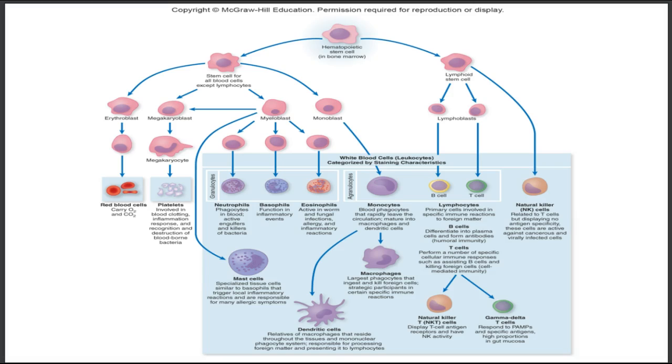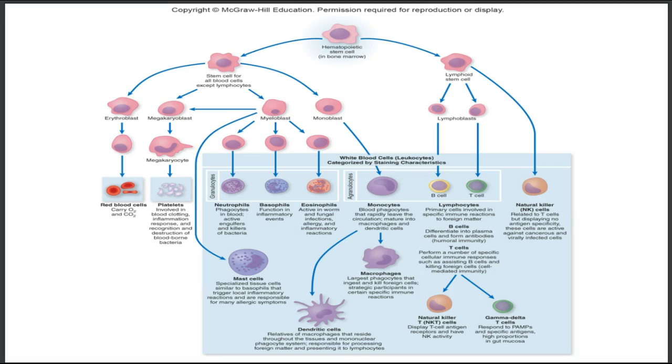Those granules contain different chemicals that are released by these cells or are used by these cells to destroy microorganisms. Each of these white blood cells has some certain targets. And then our monoblasts are going to mature into our monocytes, macrophages, dendritic cells.